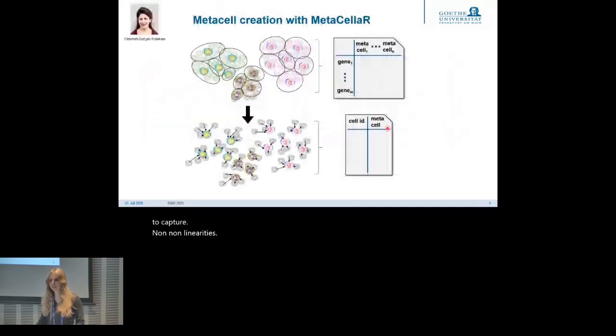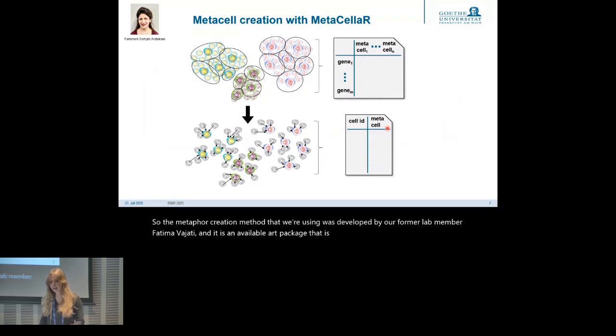So the metacell creation method that we're using was developed by our former lab member, Fatime Vejati. And it is an available R package that is called Metaceller. And there are two major steps. So the first one is clustering the RNA cells into metacells using a k-medoids approach.